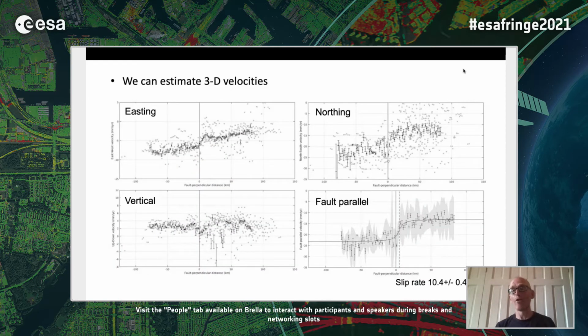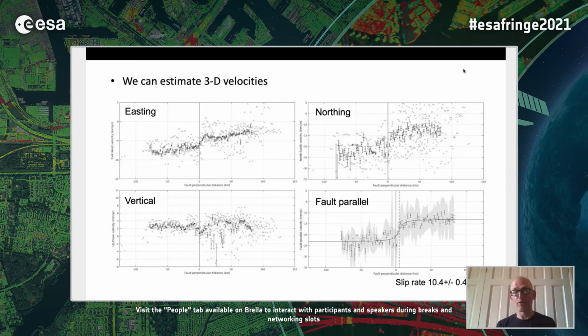But if we have all 4 of these measurements, we can, of course, then decompose and estimate the 3D velocities. So this is now showing easting, northing, and vertical. And of course, because the accuracies and the precisions we get from the along-track are not as good as the line of sight, there is some different variation in the scatter you're seeing here.